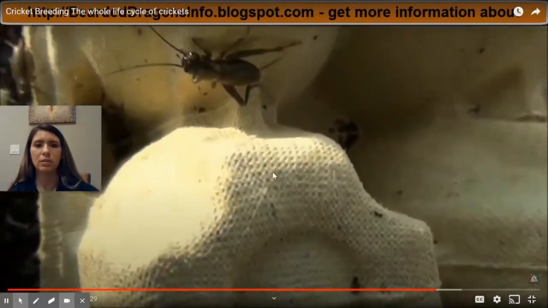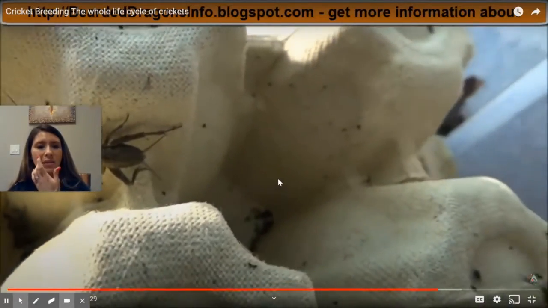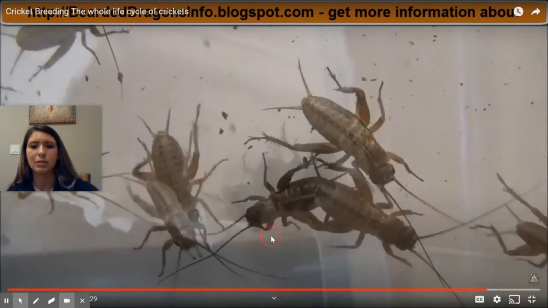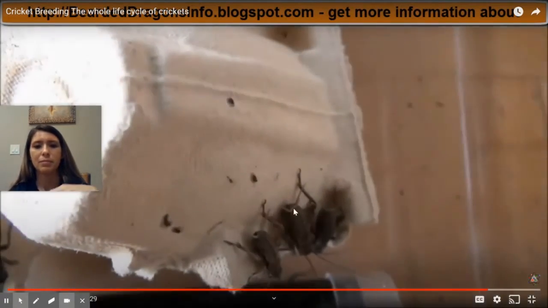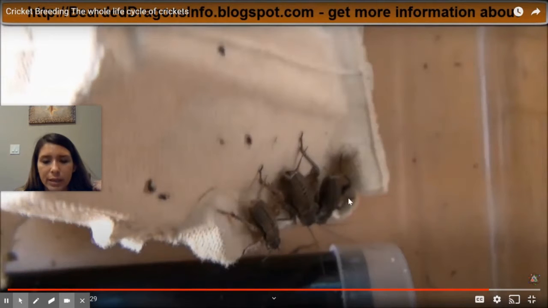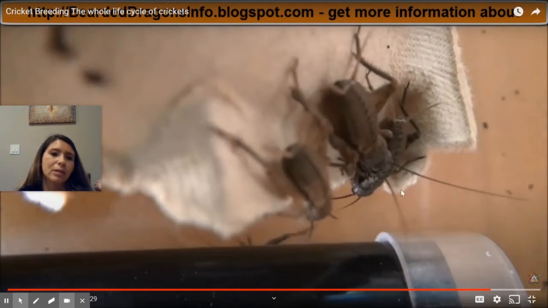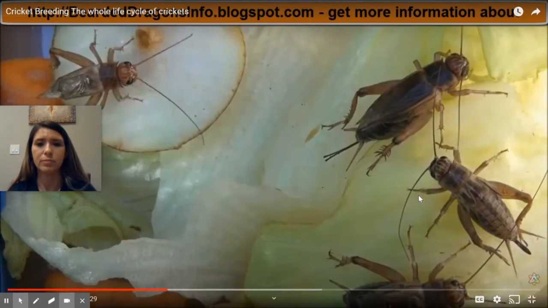Still larger. And now they are getting very large. You can tell right here that these crickets are actually in what phase? Can you tell? Okay, they look like they're adults, but let's go to another clip in our video.